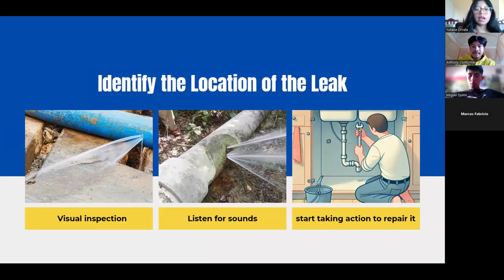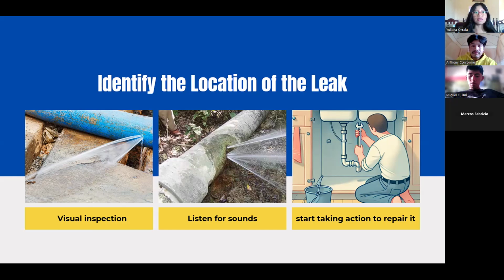Now, how can you identify the location of the leak? At first is visual inspection. You can look at the pipe, and usually it can be covered with water drops. That is normal, but if you see a green color, it could be mold.